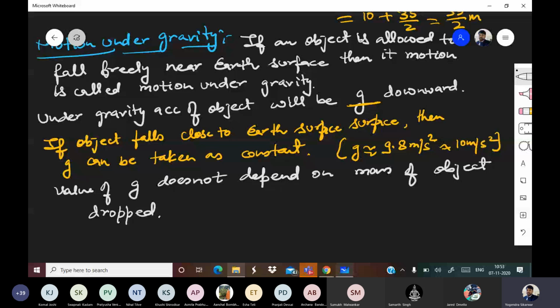That means if you are dropping a pen or your mobile, or if you yourself jump, in all three cases acceleration of pen or mobile or of yourself will be same. It does not depend on the mass of the object. All three will be moving towards earth with same acceleration, g meters per second square. Any doubt, any question? Good.